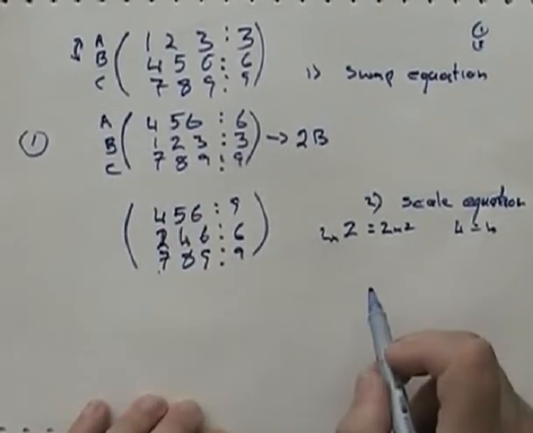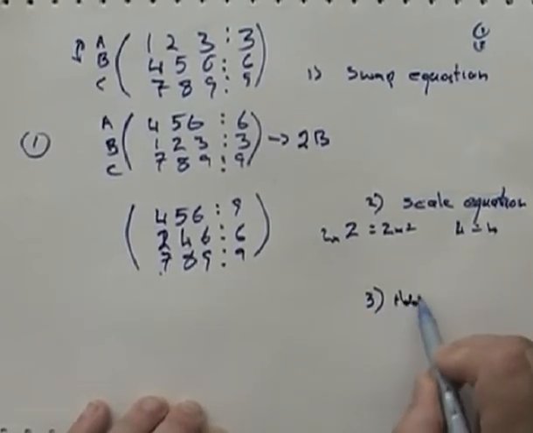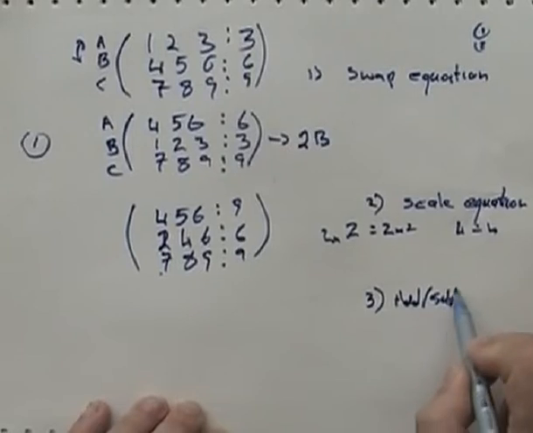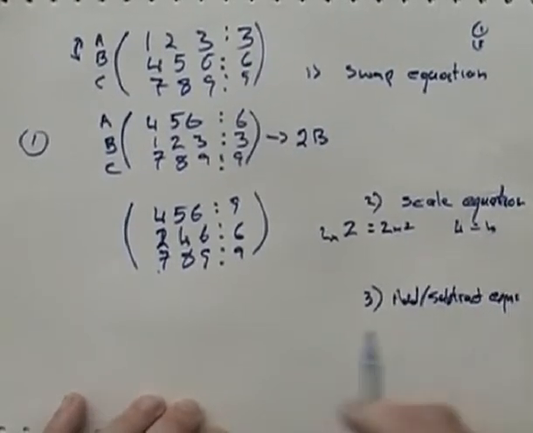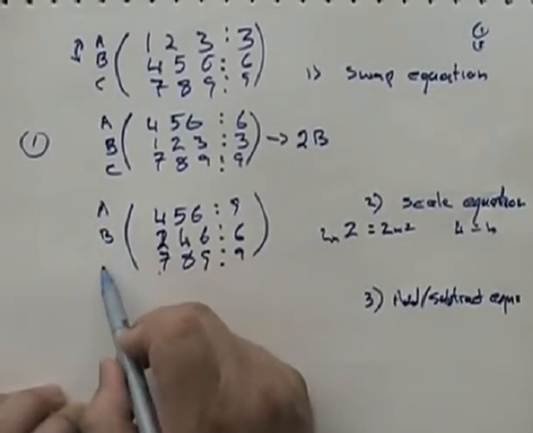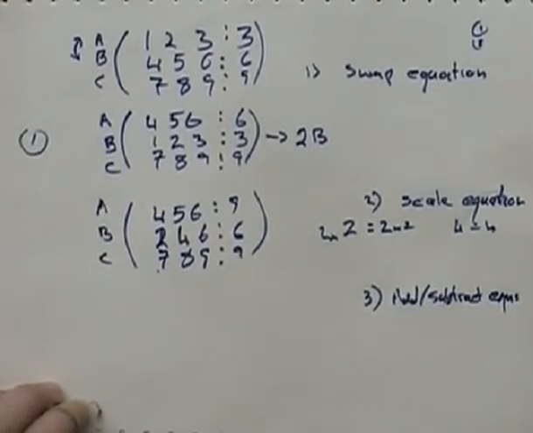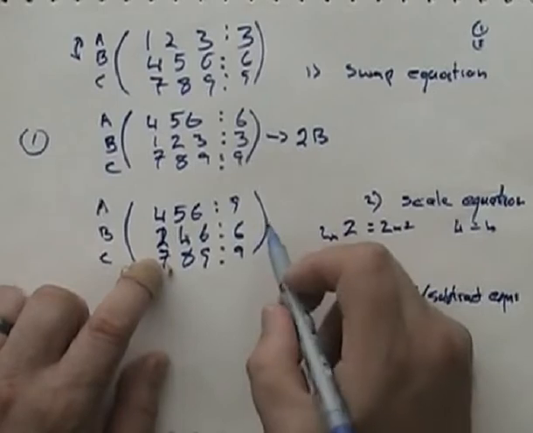And now for conceptually the hardest one, rule 3, we can add or subtract equations. This is the one that tends to confuse most people. So we'll call this A, B, C. So what I'm going to do, I'm going to subtract from here.